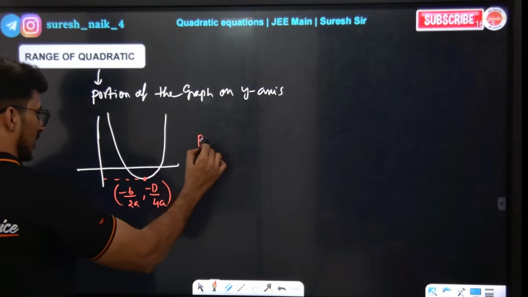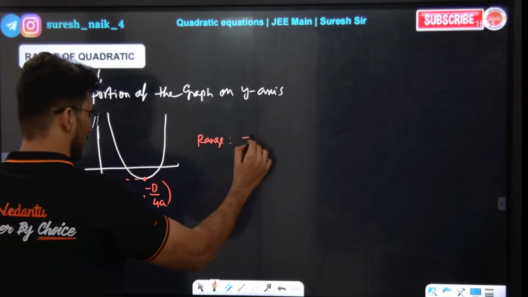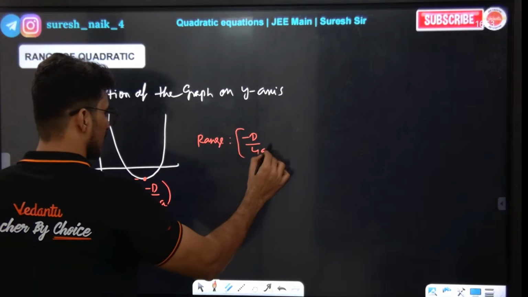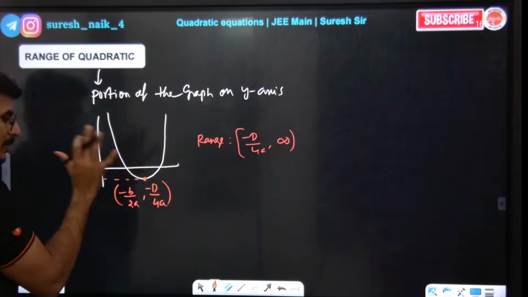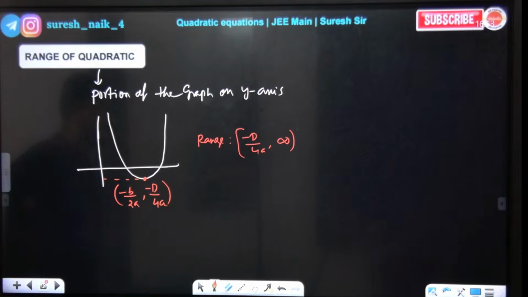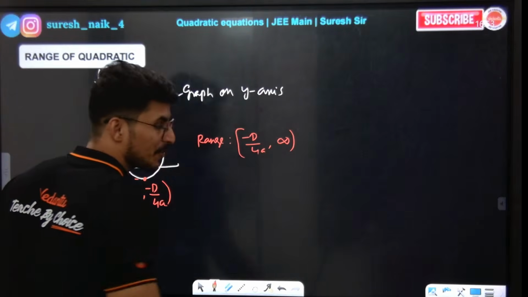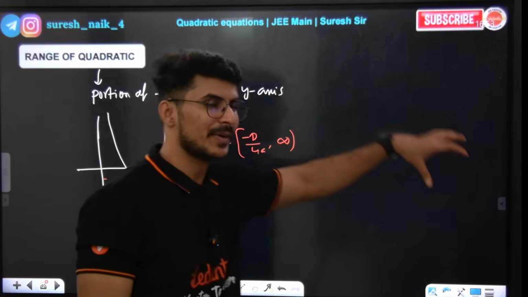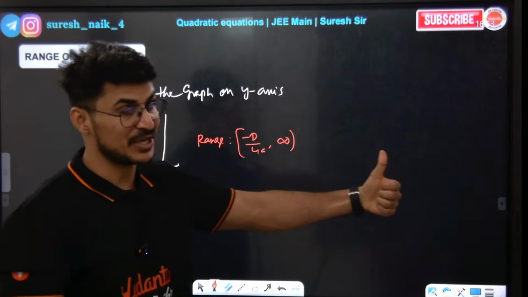So the range is minus D by 4A to infinity, with minimum at this point and maximum infinity. Yes or no? Similarly for the downward parabola as well. I already finished this.